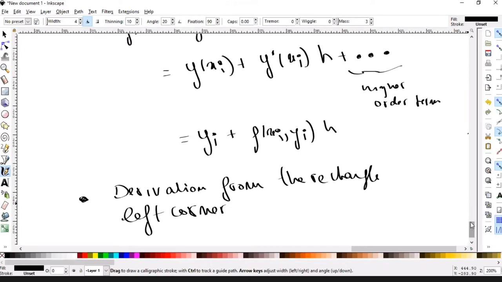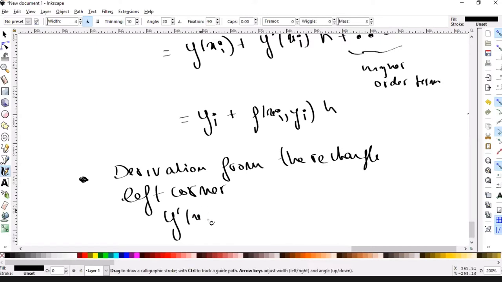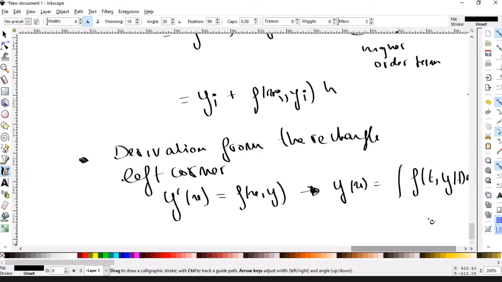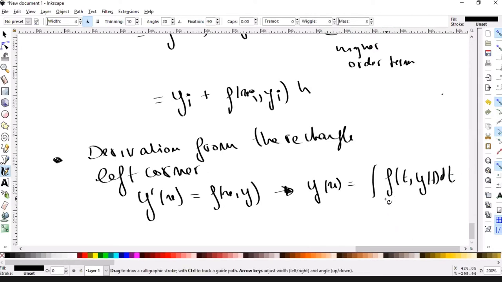Now you can derive it in a similar way from the rectangle left corner rule. I have that y prime of x is equal to f of x, y. This means that y of x is the integral of dy of t over dt, from a to x.